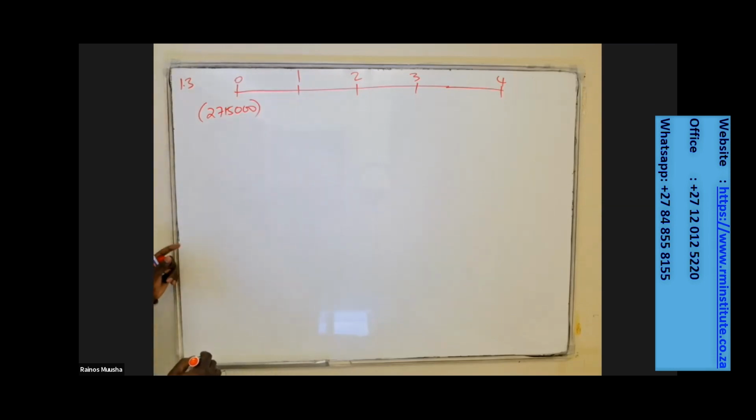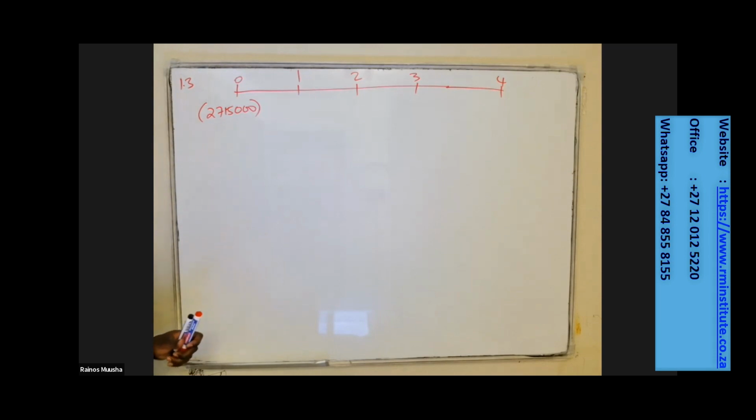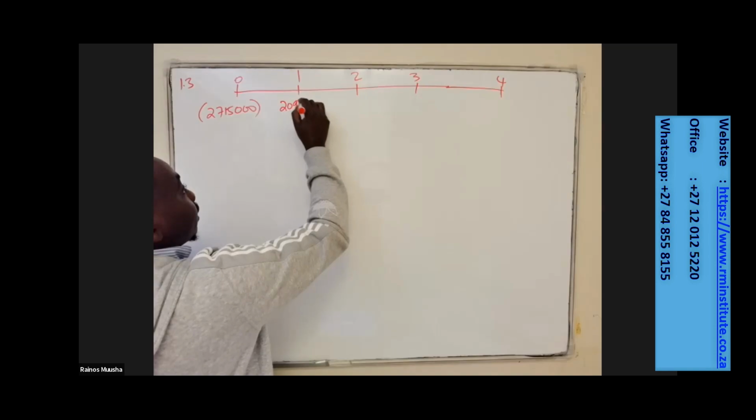Then what else did we have? How much did we get as the operating cash flow for year 1? 2,091,547 for year 1. Yes.